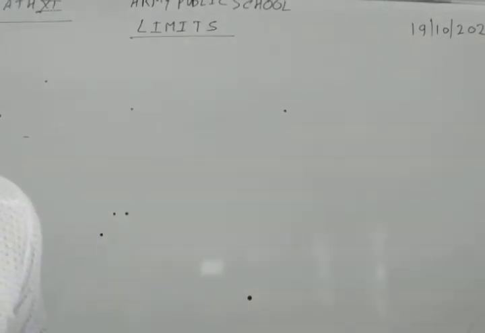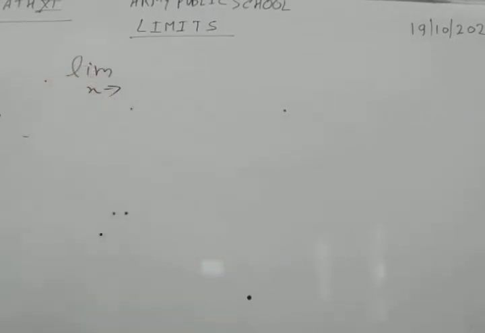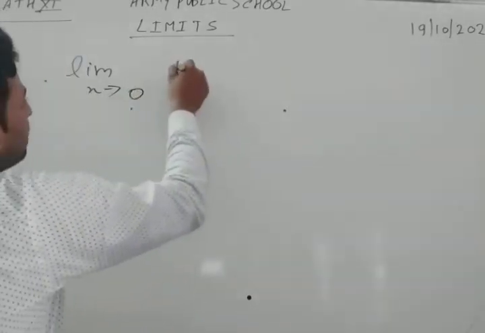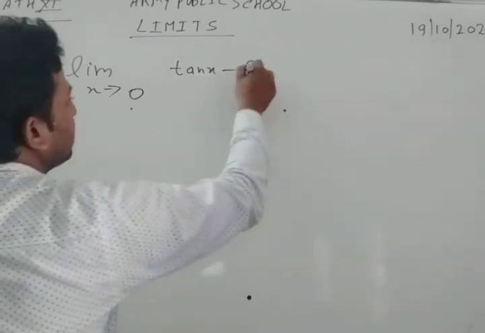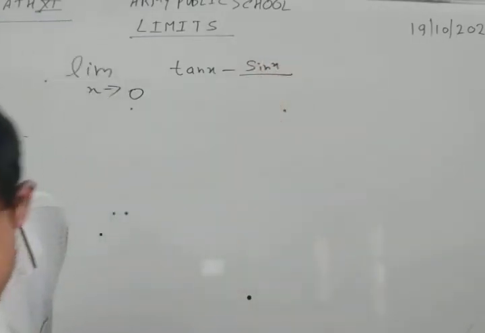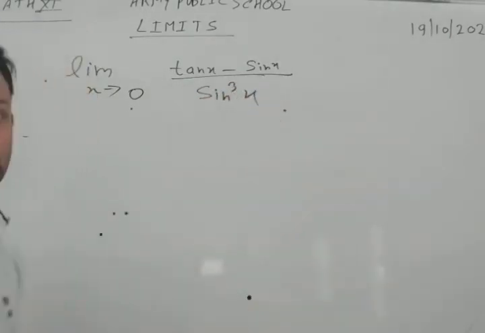Our next question is limit x tends to 0 of (tan x minus sin x) upon sin cube x. Okay, so first what we will do? First we will solve it. We will change the tan x into sin and cos, and we take common first.